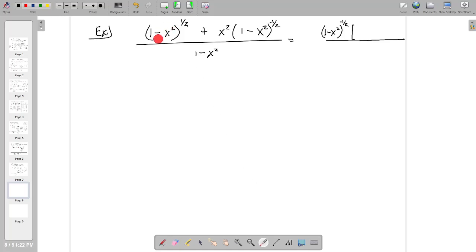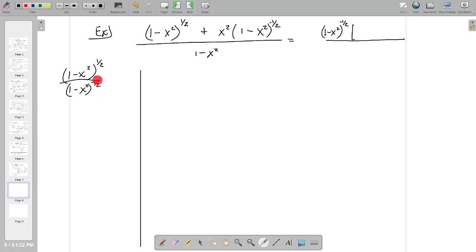Okay. Note that this is 1 minus x squared to the 1/2. So when we factor out 1 minus x squared to the negative 1/2, we will be doing an operation like this: 1 minus x squared to the 1/2 divided by 1 minus x squared to the negative 1/2.